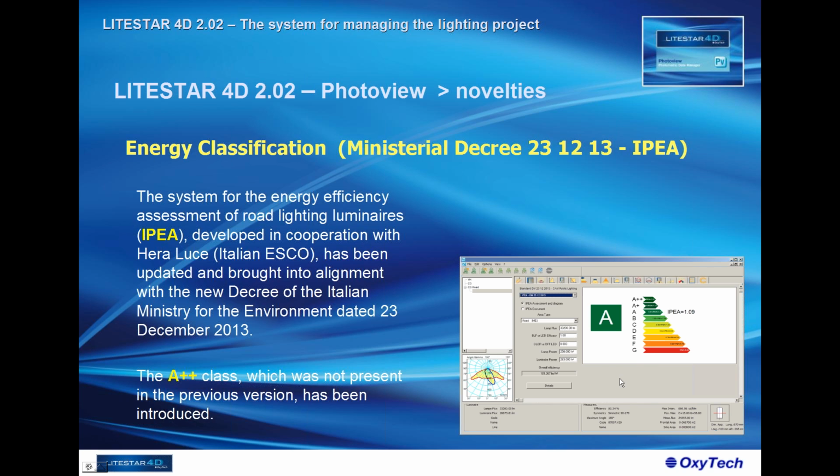At the beginning, in 2007, all the luminaires were mostly in the classes from B down to G. But step by step, year after year, the luminaires quality was improved so much that more than 80% of the luminaires were in between, let's say 2 and 1 year ago, in between B to A+. So it was needed to add a new class, and it was added with this new decree, which is quite an innovative decree for the lighting, the public lighting management.